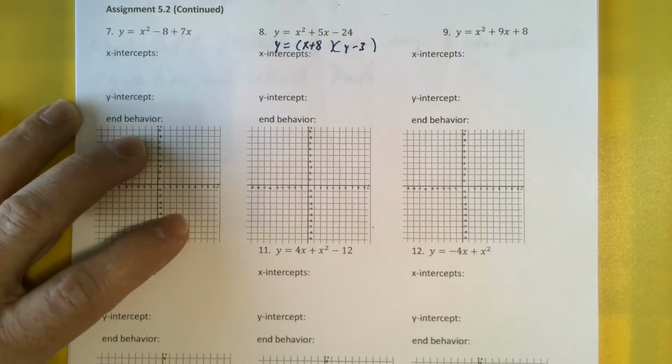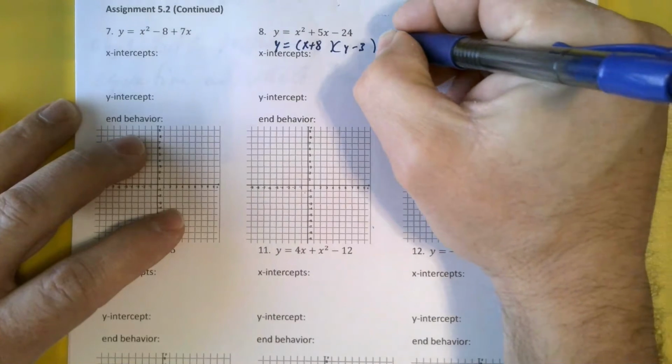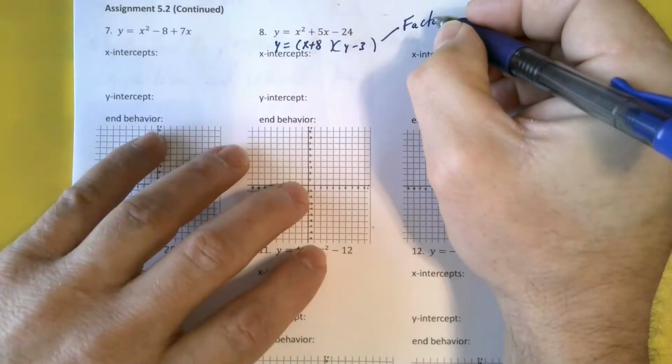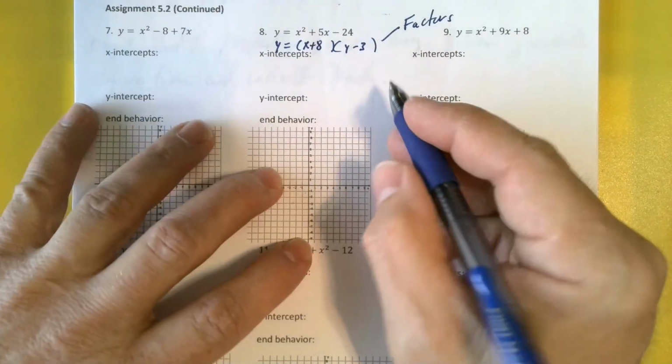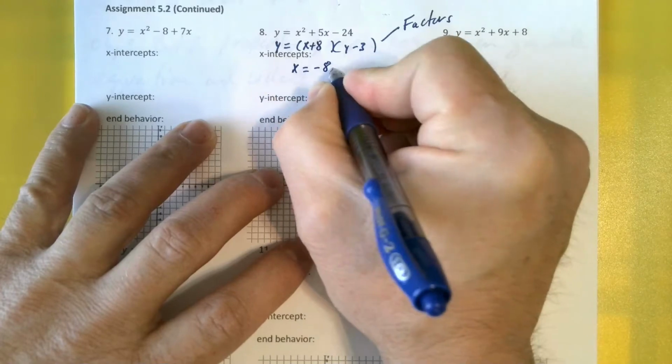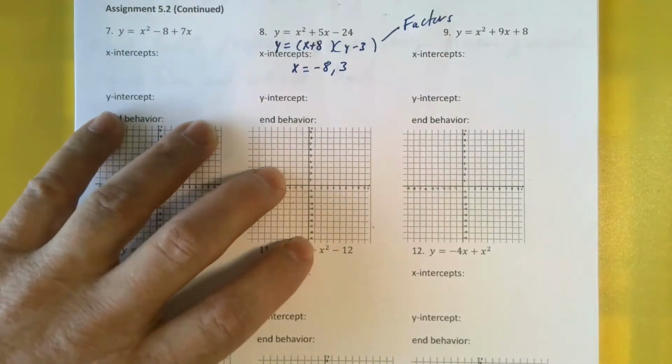Is that right? Yeah? Alrighty, now remember that these are my factors. From there, I found my zeros. My zeros are going to occur at x equals -8 and positive 3, right?